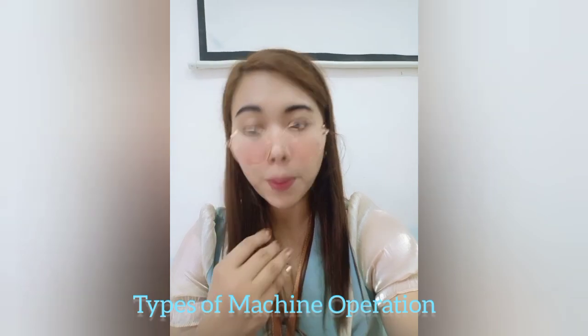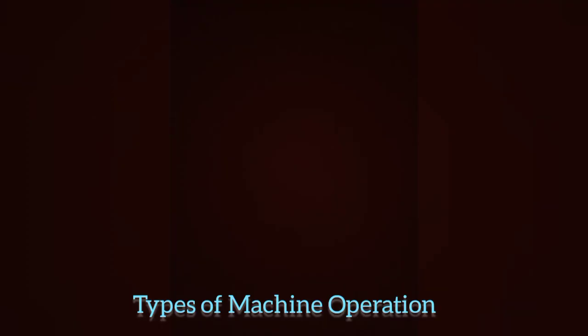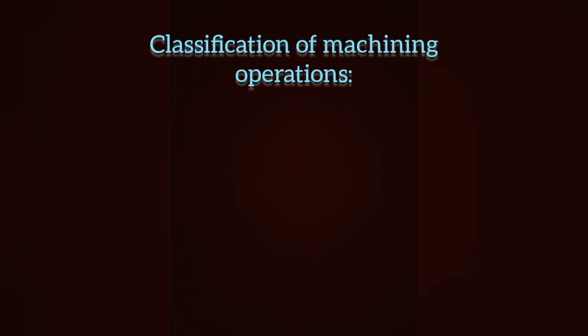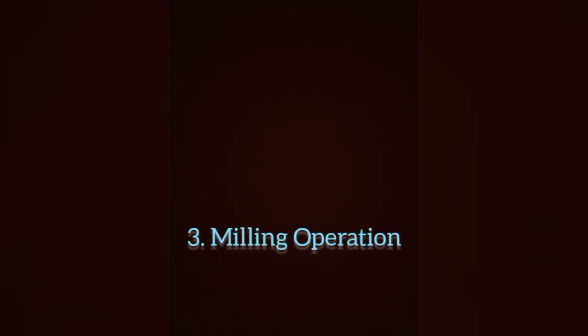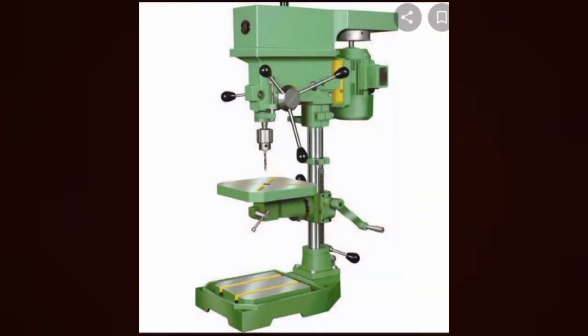And guys, let's proceed to machining operations and the types of machining tools. Machining operations are classified into three principal processes: turning, drilling, and milling. First, drilling.